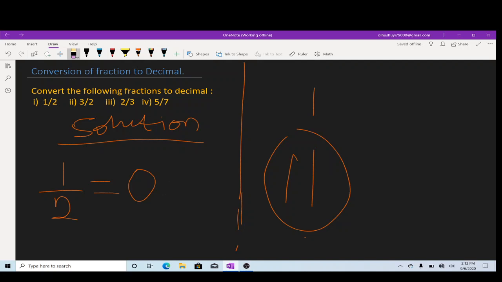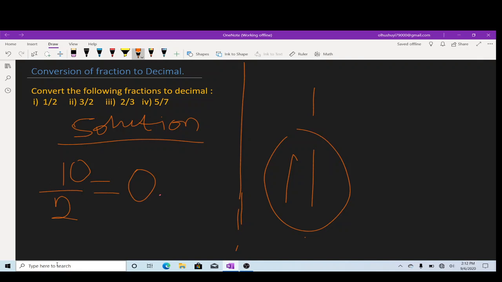Then how do you forge ahead? There's 1 here, right? So you add a decimal to this place. As soon as you add your decimal, you add 0 to the numerator that you cannot divide. Once you add 0 to it, now you have 10. So you can now easily check how many 2s you can see in 10. I don't have to be counting 1, 2, 3, up to 10.